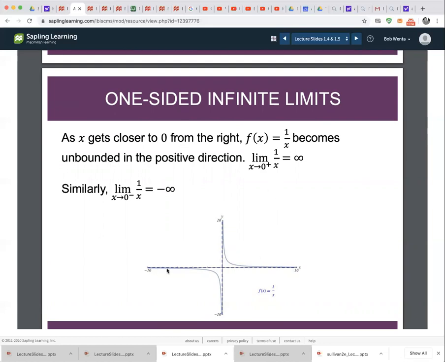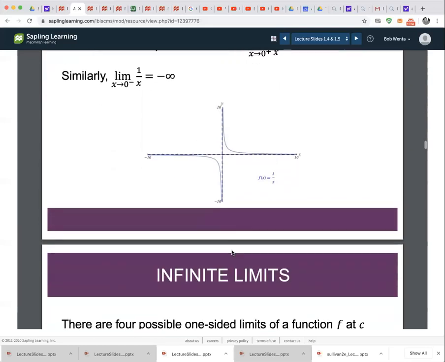From the negative side, this isn't squared, therefore it's negative. It's going the same way, except it's going down, to negative infinity. So you've got one-sided infinite limits, it's called. From the right-hand side, it's positive. From the left-hand side, it's negative, right?